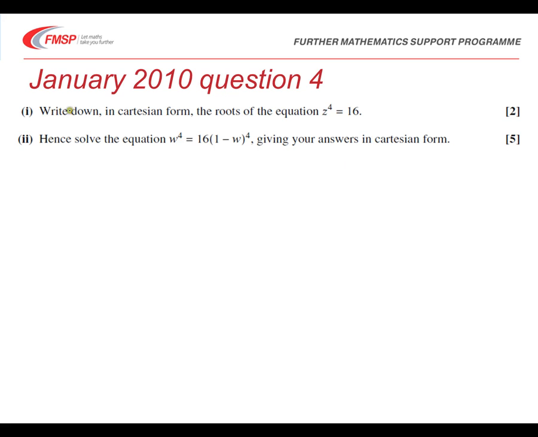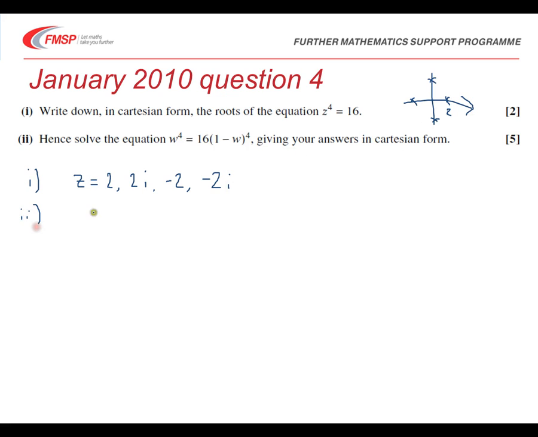So this first part says write down, and we should know that our roots for z to the 4, well, clearly 2 is a root, and there's 4 roots distributed evenly around the origin. This should look like that. So in part 1 we should literally be able to write down z is 2, 2i, negative 2 and negative 2i.